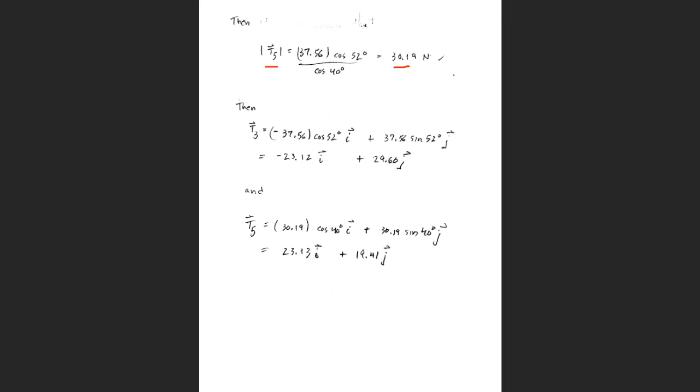Okay, so now if you want to write out the tension vectors, the components of them, well, remember, this here was originally the negative length of the T3 vector in front of the cosine of 52 degrees.